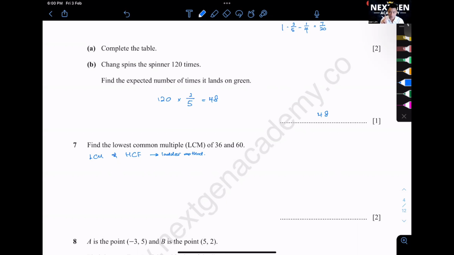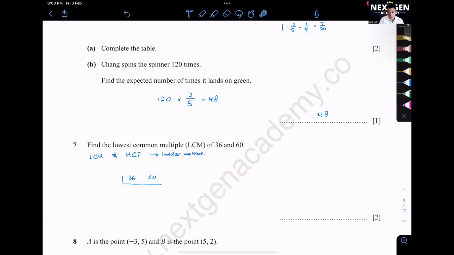Anyone not sure on how to do the ladder method? You just need to divide. For the ladder method, basically we write all the values down, then we draw an L like that. What we are trying to do here is find the common factor between all the terms.